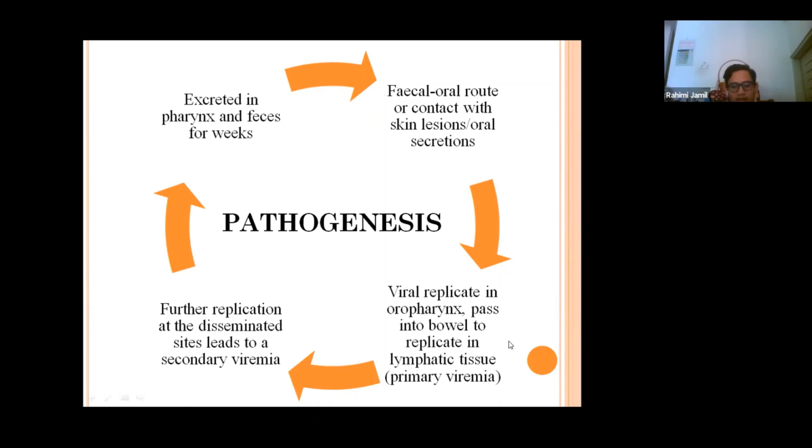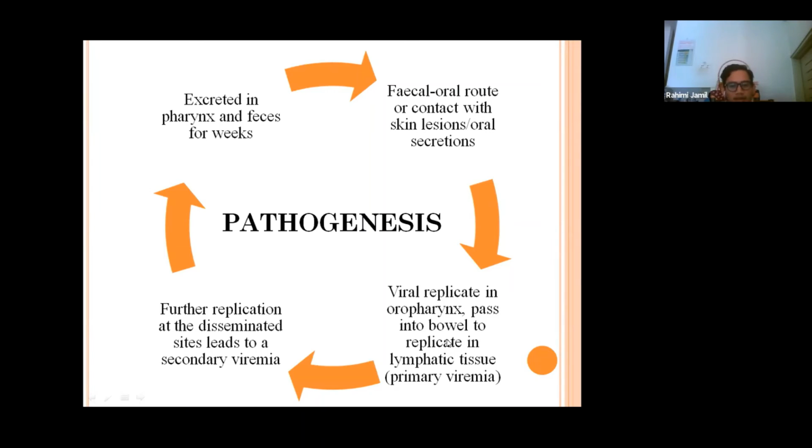At this site, it can lead to primary viremia, where it disseminates in the blood and infects other sites of the body, such as the spleen.